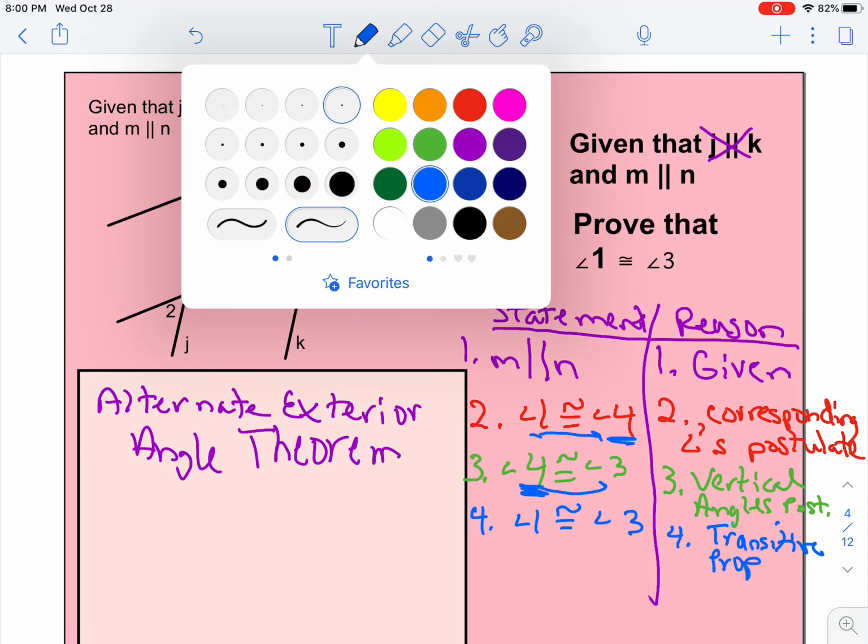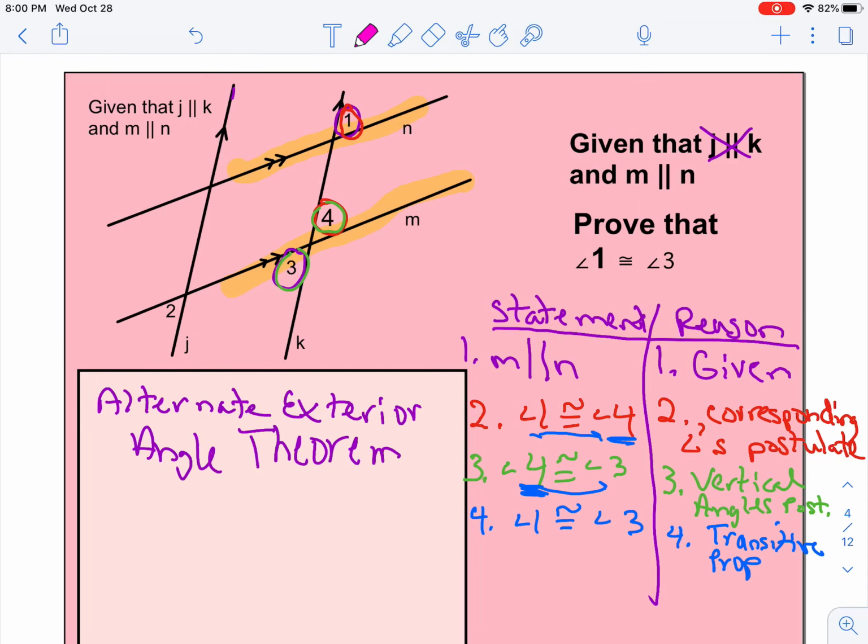Or if you want to use substitution, you could also use substitution. You could say that since 1 and 4 are congruent, you are going to substitute what 1 is congruent to in for 4. So since this is 4 and this is 4, you can substitute with 4 is equal to or congruent to in for that. So we just proved the alternate exterior angles theorem.